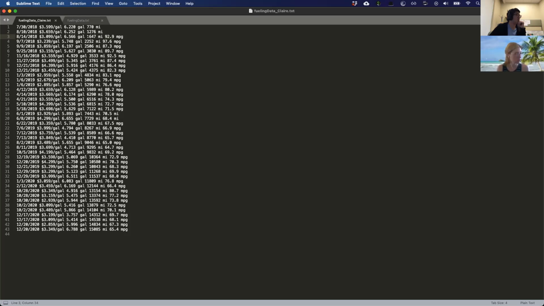And the third one is going to be 1647 divided by 6.22, 6.252 plus 6.566. Okay, so the easiest way to do that is you can create a new column that is the cumulative amount of fuel that is being used. And there's a really simple function for that. It's called the cumulative sum. So the cum sum like this.